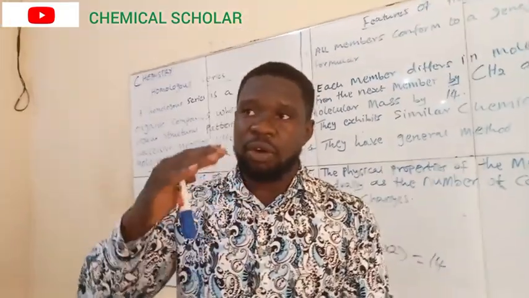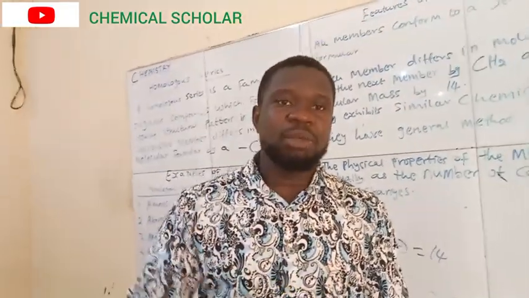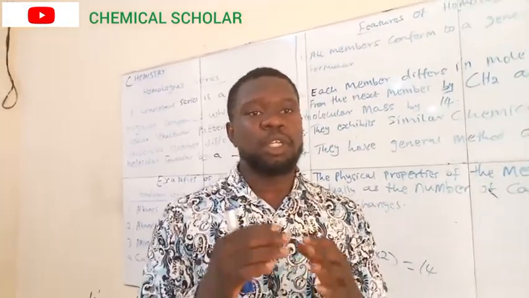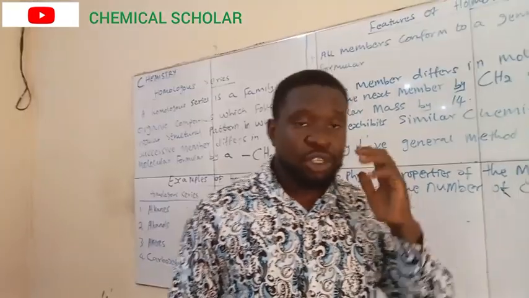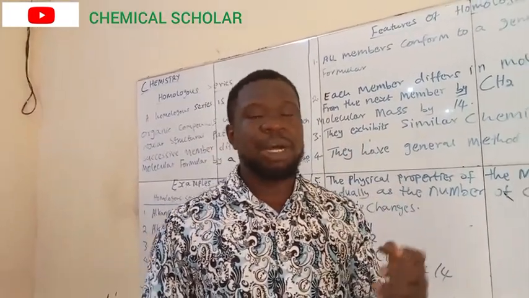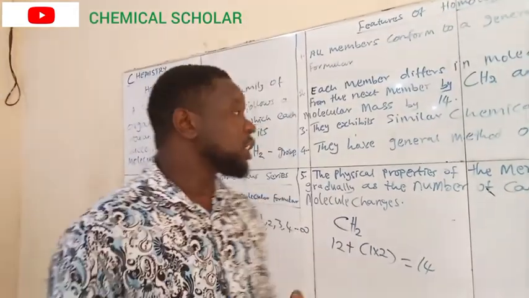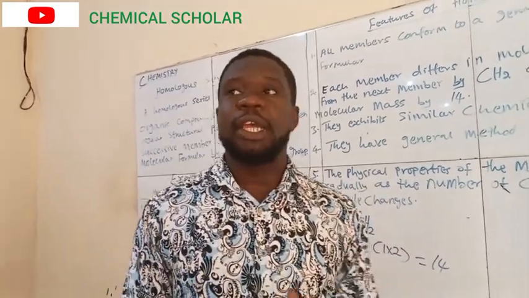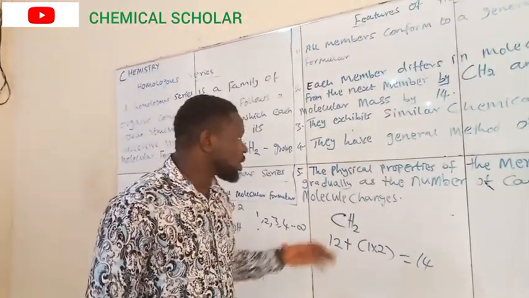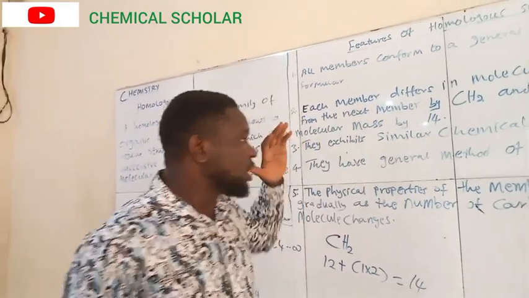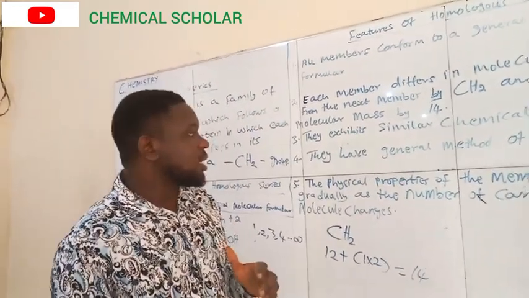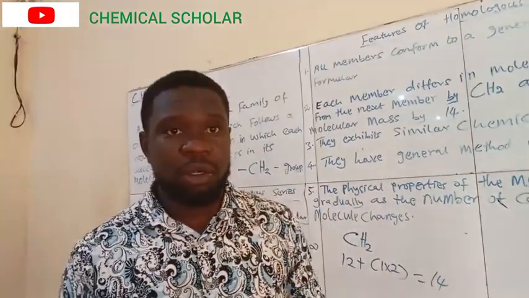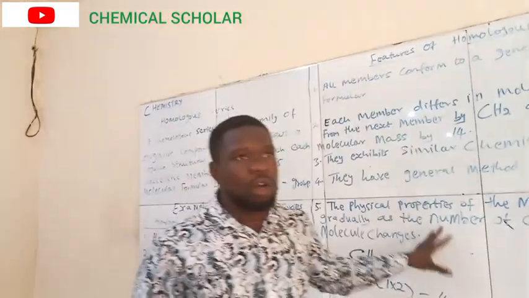As the carbon atoms keep increasing from 1, 2, 3, you get to a stage where it turns to liquid at room temperature. As you keep adding carbon atoms, at some point it changes to solid, so some of the members are solid at room temperature. That is what we mean when we say the physical property of the members changes gradually as the number of carbon atoms per molecule changes.